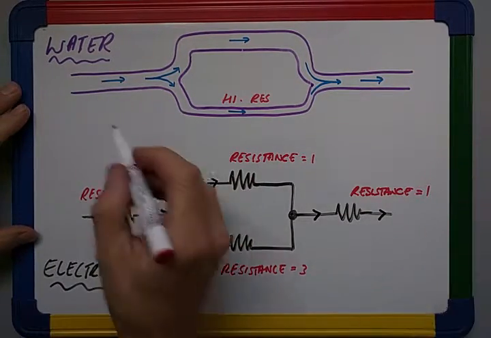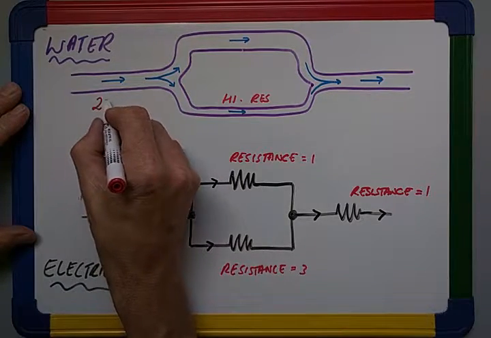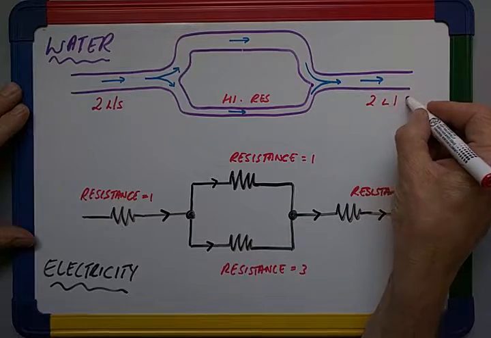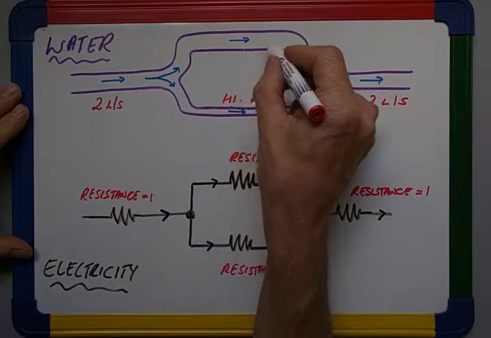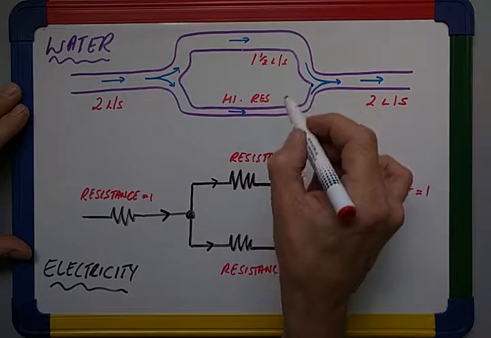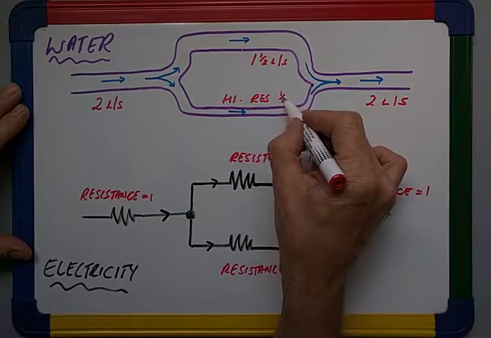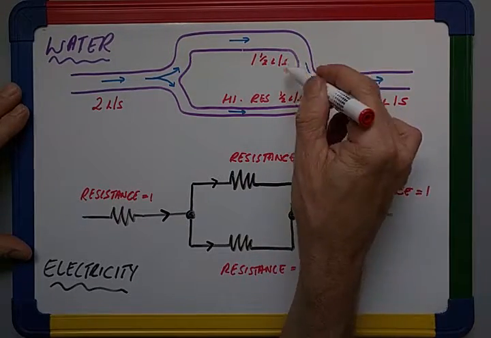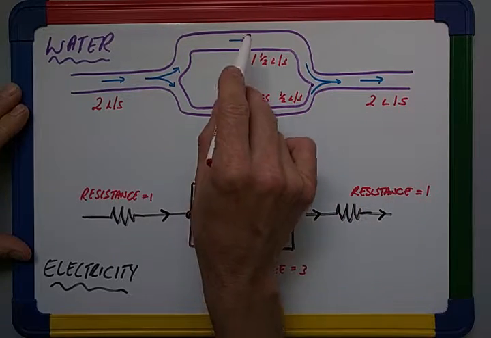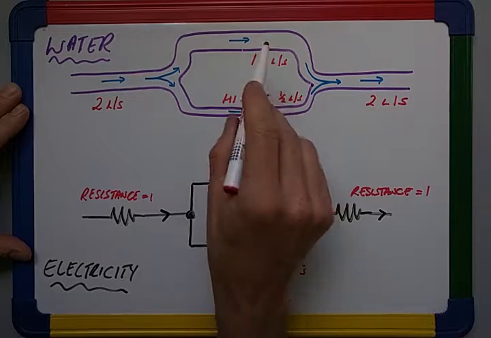And in the drawing we had before, we assumed we had a flow rate here of 2 litres per second, a flow rate here of 2 litres per second, and in between, on the top, 1.5 litres per second, and on the bottom, 0.5 litre per second, where these two have to add up to give you 2, and the large flow is where the resistance is low.